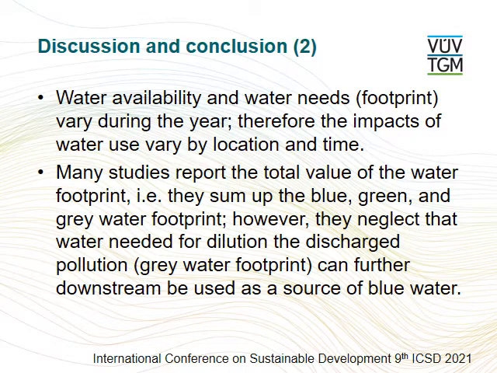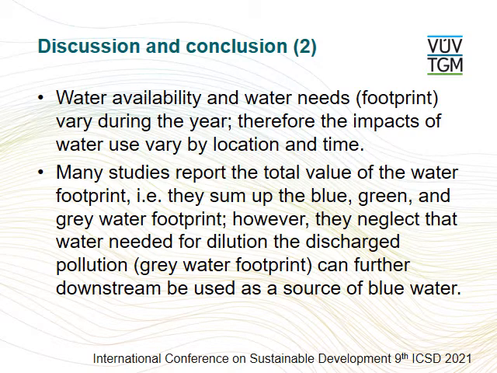Water availability and water needs, we can say water footprint, vary during the year and also by location. Therefore, the impacts of water use vary by location and also by time. And the last point is that many studies report the total value of the water footprint as a sum of the blue, green, and gray water footprint.